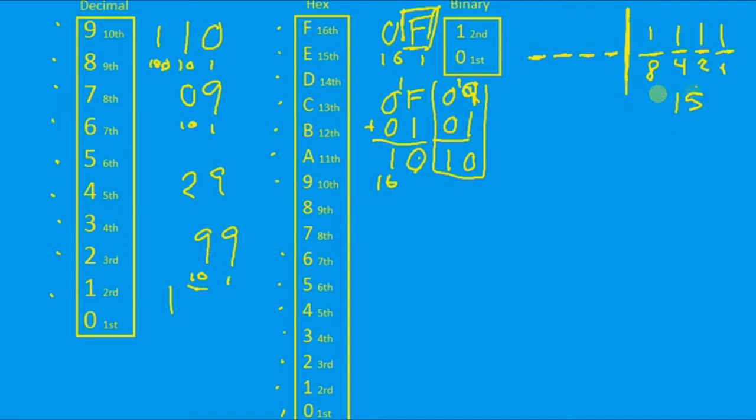If this was 15, if all these were 1, that would make the hex number here f, right? They're the same thing. And let's say these are all 0. So this binary number, let me just finish this. Alright, so this byte is the same as this hex number.